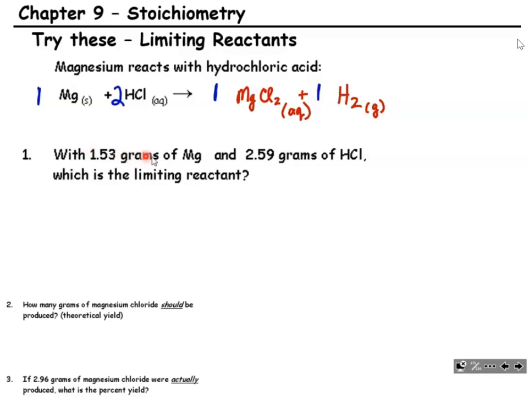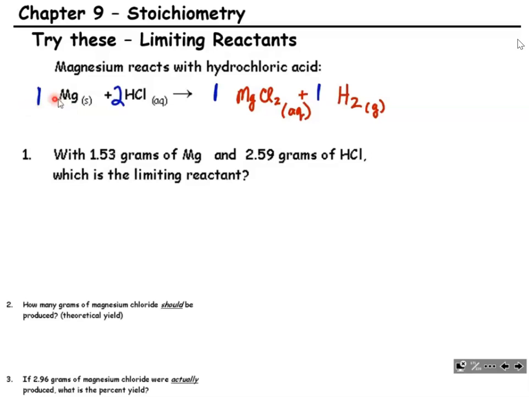If I had 1.53 grams of magnesium and I had 10,000 grams of HCl, which one do you think is going to run out? The one that's really small. Might be obvious in that case, but in this case here, maybe not so obvious.